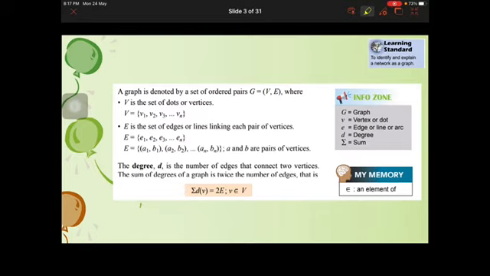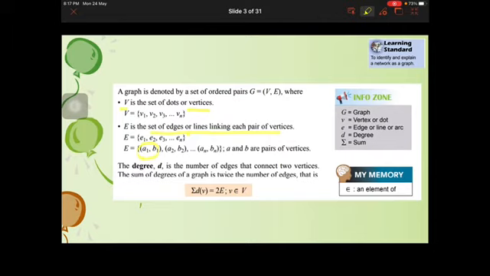It's a graph that is denoted by a set of ordered pairs G = (V, E), where V is the set of vertices, and E is the set of lines linking each pair of vertices. Now how E is written, so this is the vertices actually.